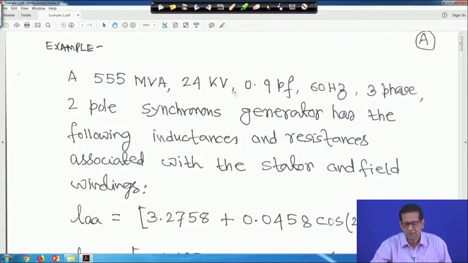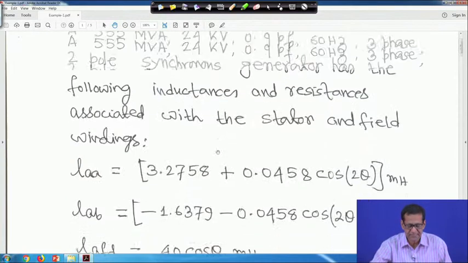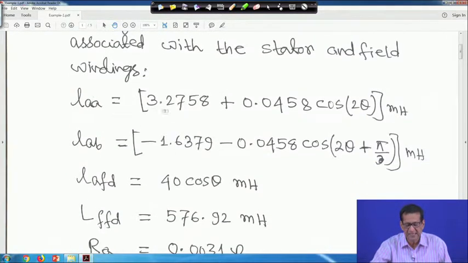A 555 MVA 24 kV 0.9 power factor 60 Hz 3 phase 2 pole synchronous generator has the following inductances and resistances associated with the stator and field windings. It is given LAA is equal to 3.2758 plus 0.0458 cosine 2 theta, in millihenry.